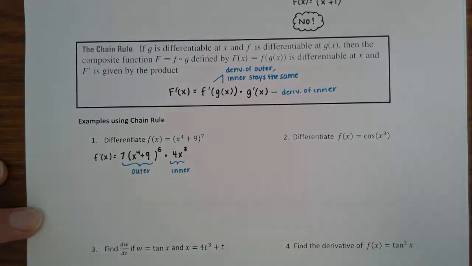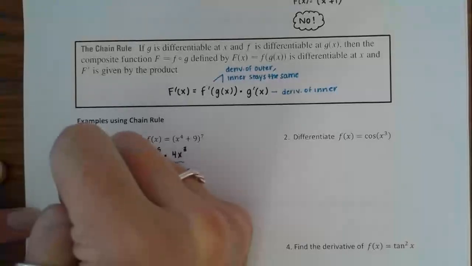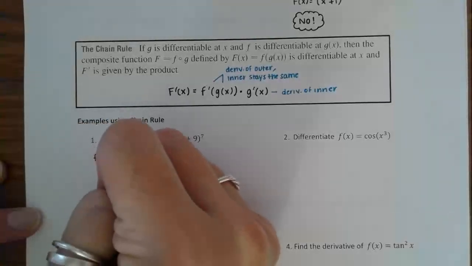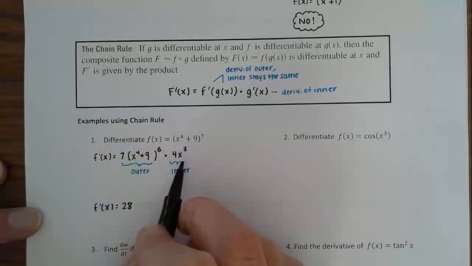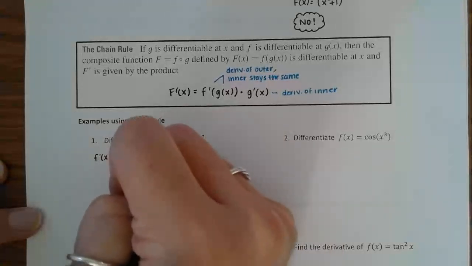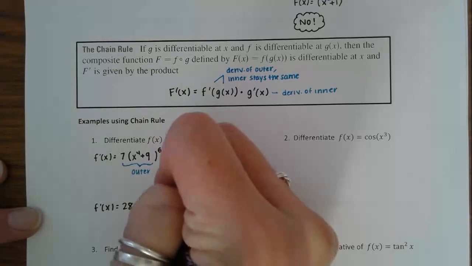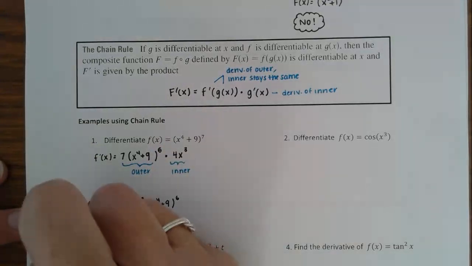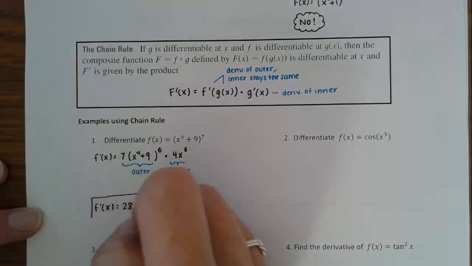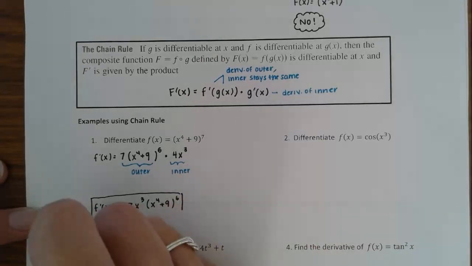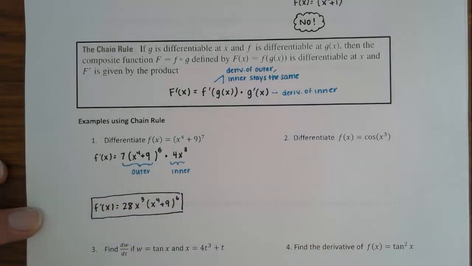I'm noticing that I've got a couple like terms that I can multiply. So the 7 times the 4 can clean up to be 28. Generally, I pull any single variables with exponents out to the front, and I'll leave that x to the 4th plus 9 raised to the 6th as it is. So f prime of x is 28x cubed times the quantity of x to the 4th plus 9 raised to the 6th power.